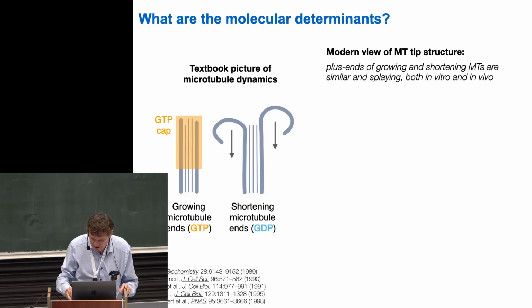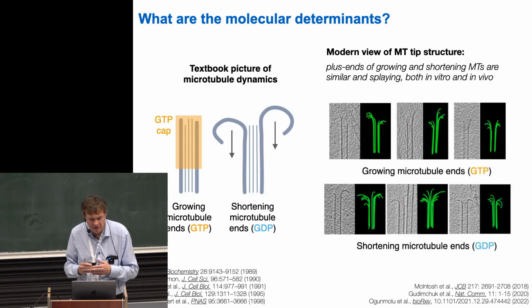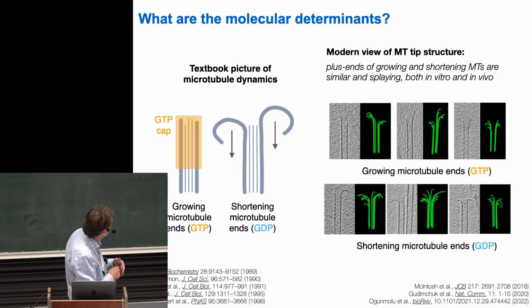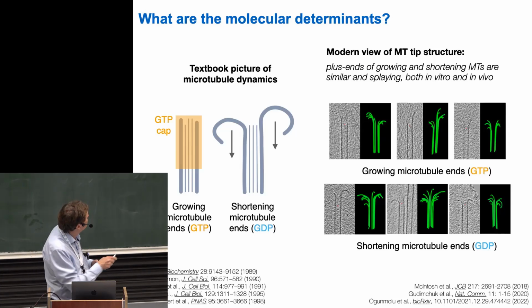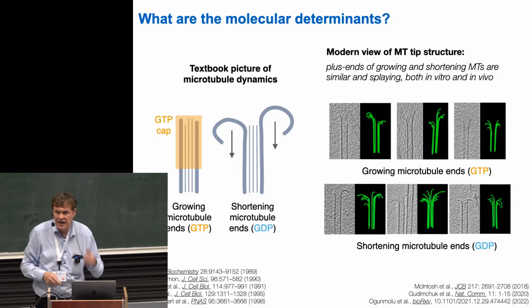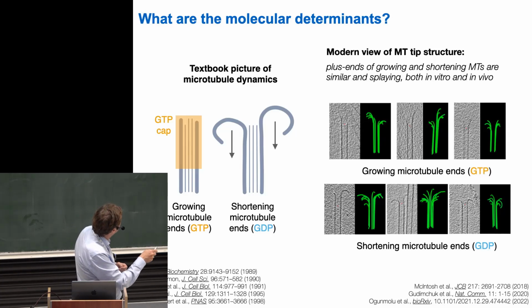That was the view held until recently, when McIntosh and others were able to make very high quality cryo-EM images of growing and of shrinking microtubules. And I can stare at this as long as I want. I at least don't see much of a difference here. There is also splaying here, the same amount as here.